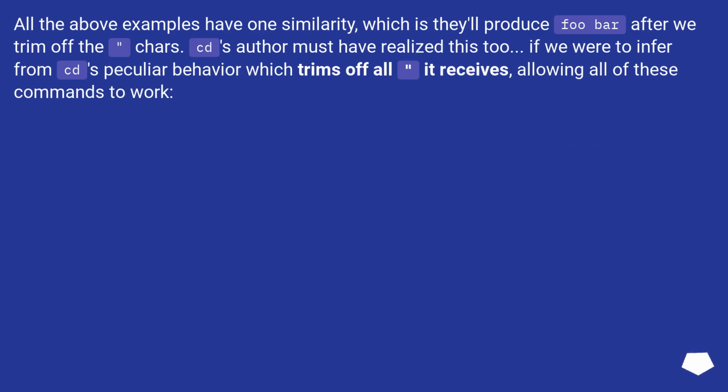All the above examples have one similarity, which is they'll produce fuba after we trim off the chars.